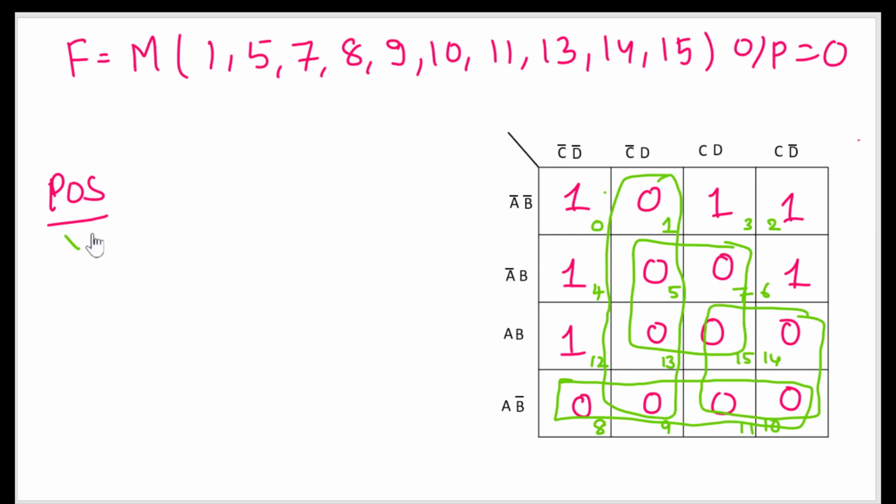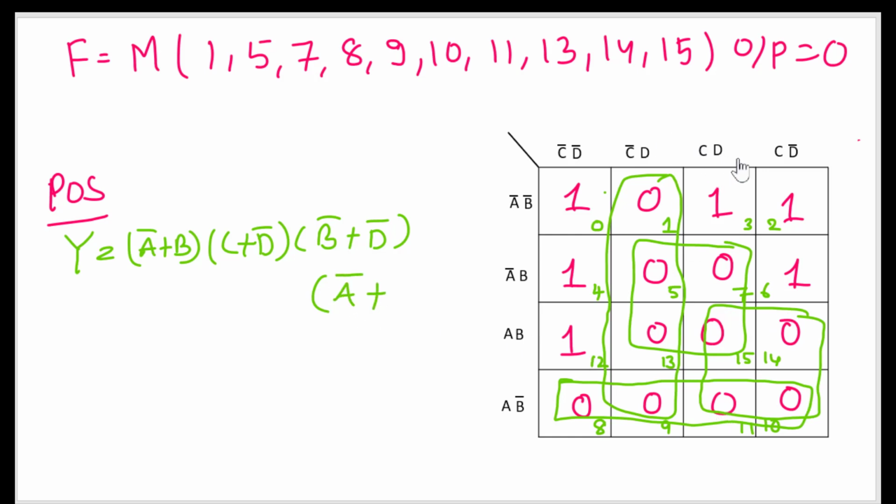So you're going to get an expression Y equals, first take this quad, that means you're going to have A bar plus B, into, if you take this quad, you're going to have C plus D bar. Now take this quad, and this quad will give you B bar plus D bar, and if you take this as a quad, you're going to have A bar plus C bar. So this is the POS expression.